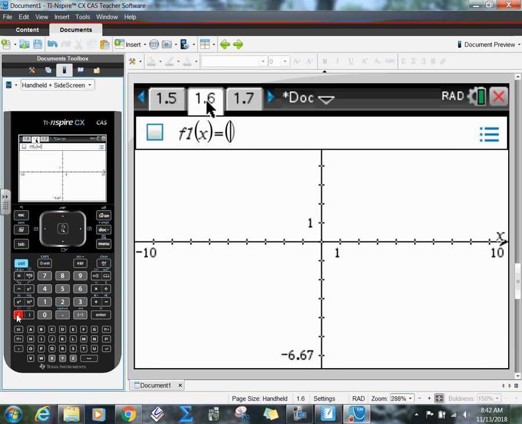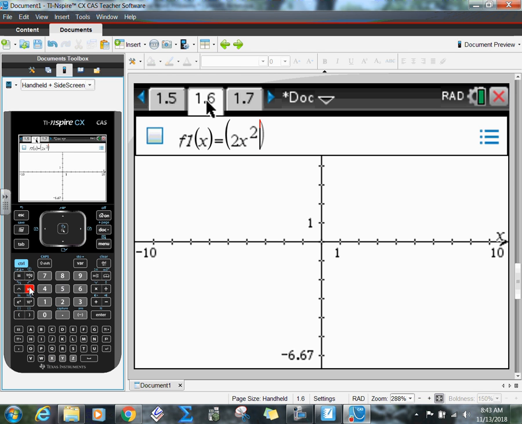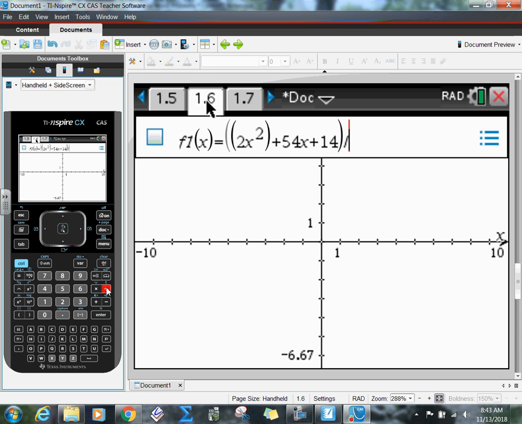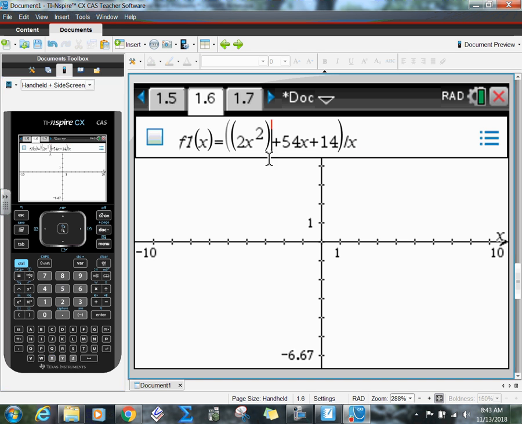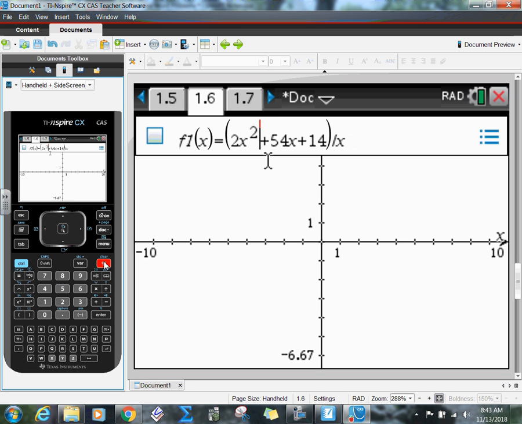In here, I'm going to enter 2x squared, arrow over, plus 54x plus 144. And then I'm going to close my parentheses, and I'm going to divide by x. Let's go back here. I'm going to delete this, and then that should be all I need to do.